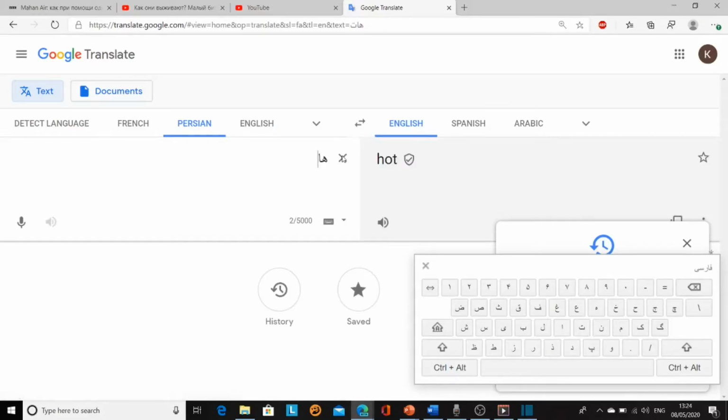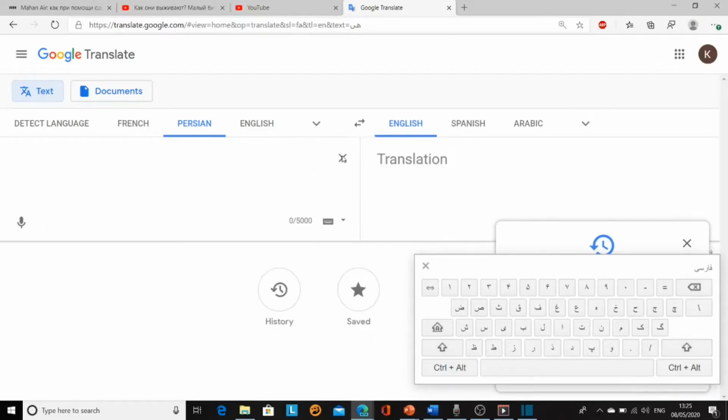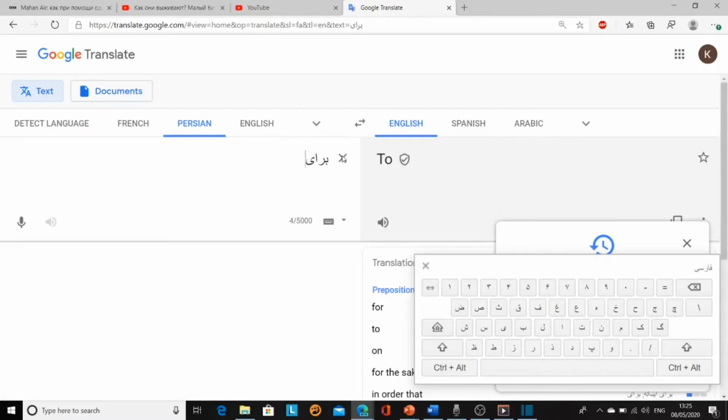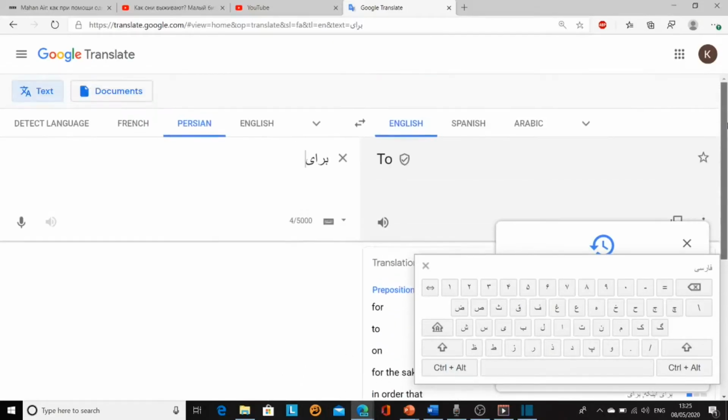The problem is, I think it was one of the diacritics. I have a hard time remembering how to put it in there. Sometimes I do it by accident, but some things are pretty easy. But yeah, you need to decide, okay, this is a preposition. How is it used? Will it change?